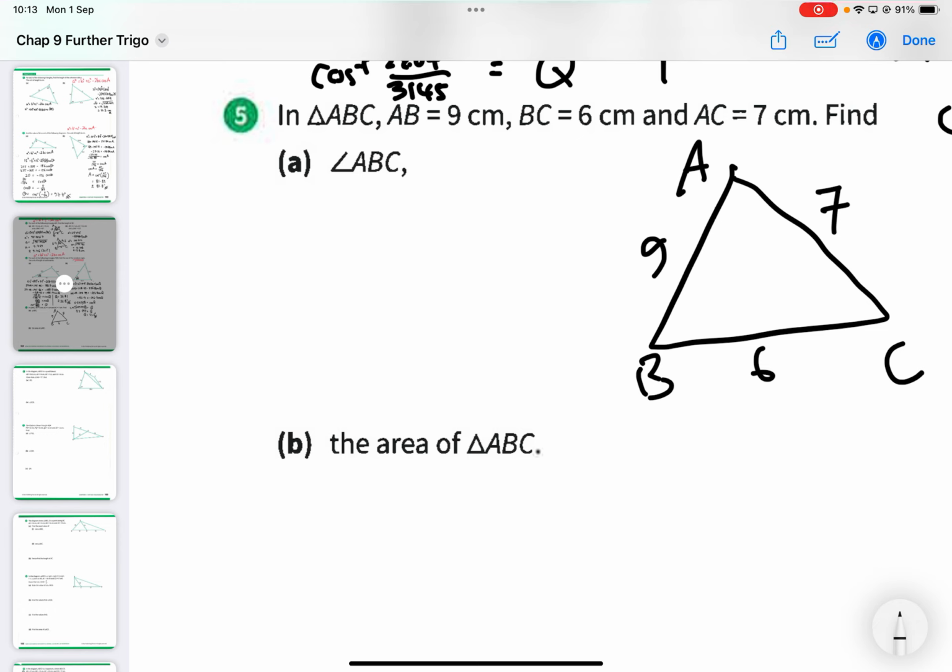After I sketch this triangle, I don't know any angles. But with cosine rule, I can find the angles. Just that I need to put the naming correctly. And if I want A, B, C, meaning I want here, I want angle B.